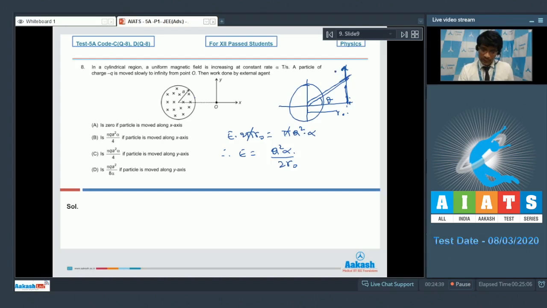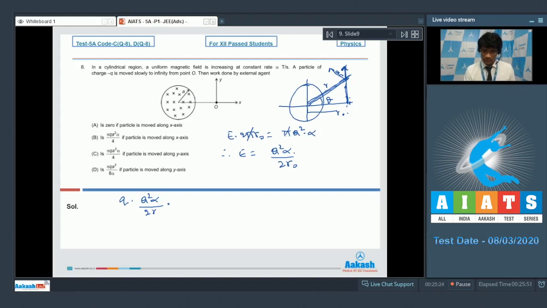Now at this point the electric field will be along this direction, so this angle is θ itself. So the work done here, I would say q, the magnitude of charge, times the value of E at this distance r, which is a²α divided by 2r, and this angle is θ, so I shall say it is cos θ.